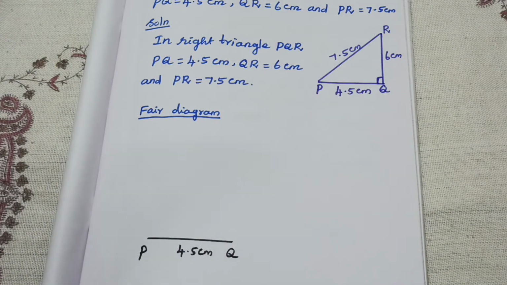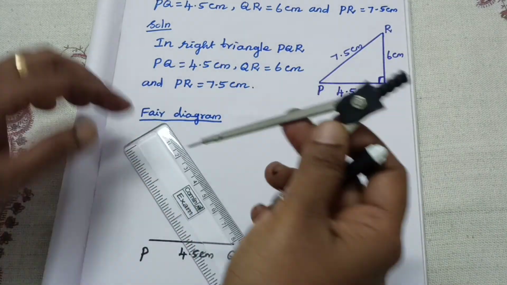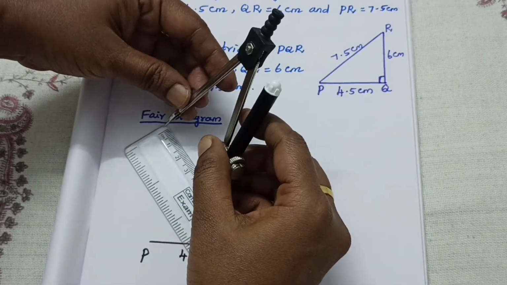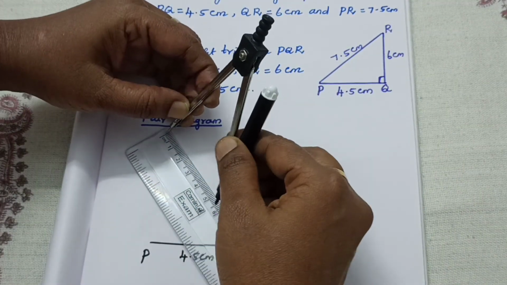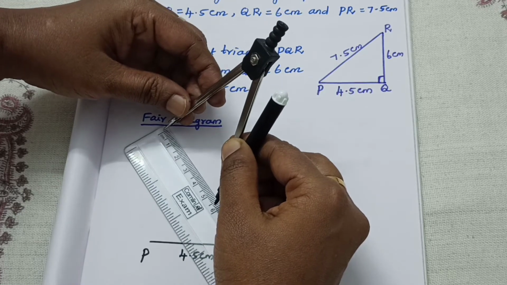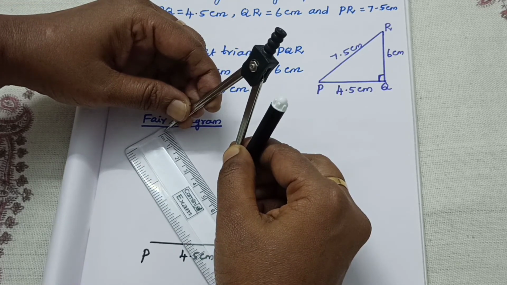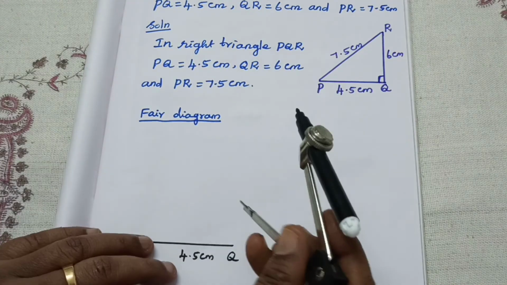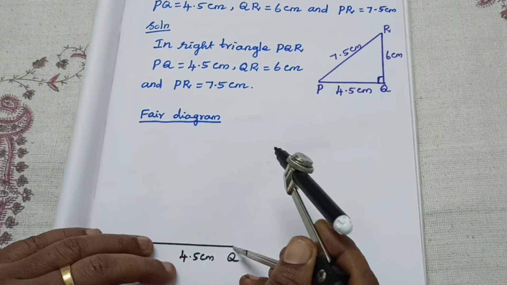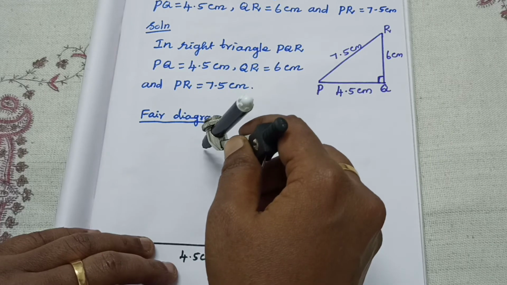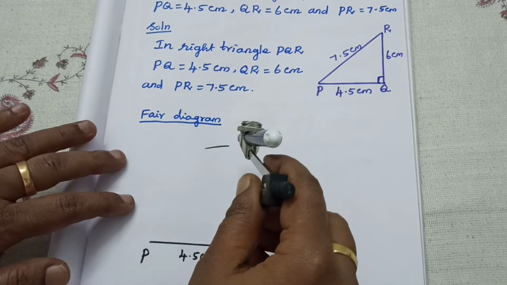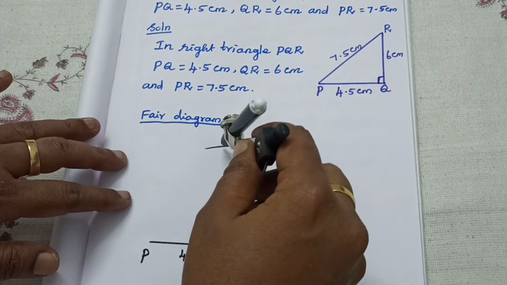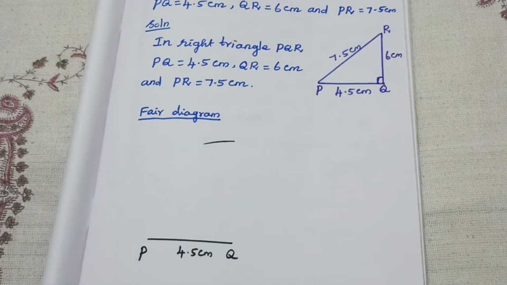Then 6 centimeter. We have to take 6 centimeter in the compass. Then from Q, you have to draw the arc. Like that.